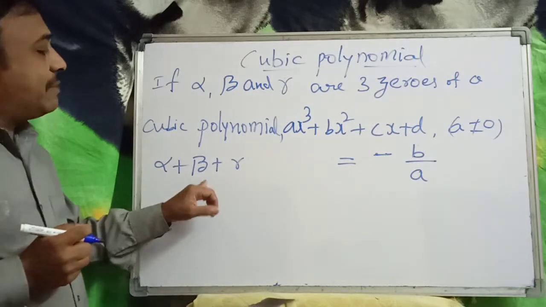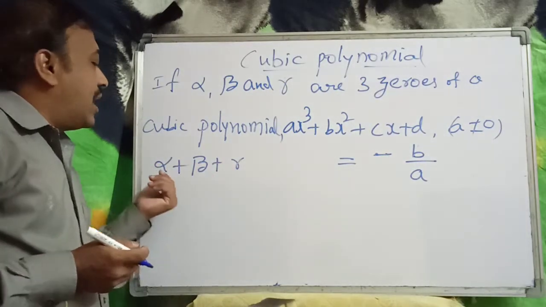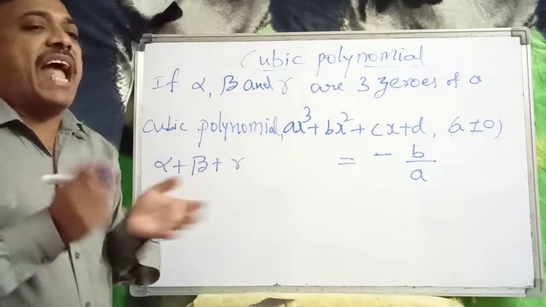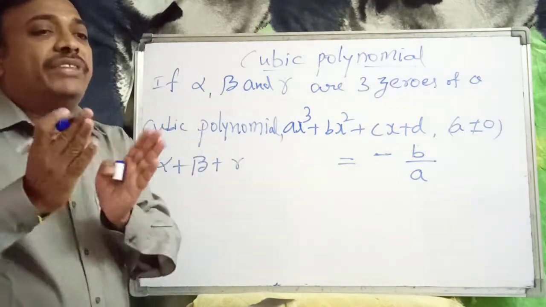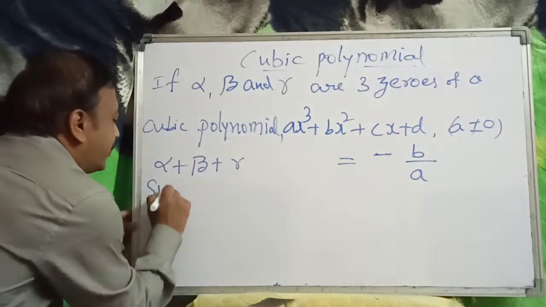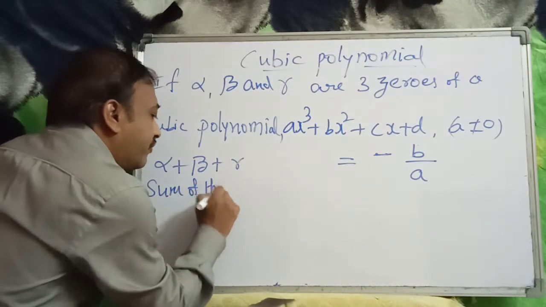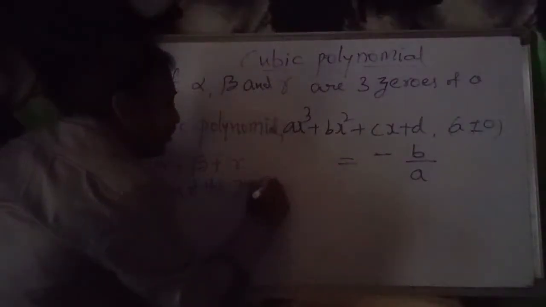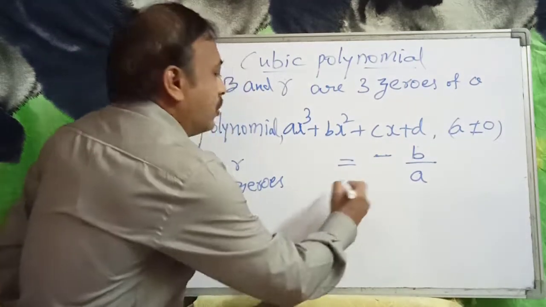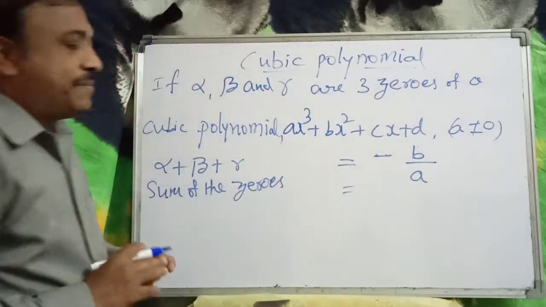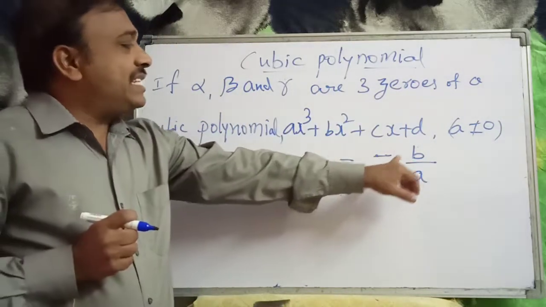Alpha, beta, gamma are the zeros and we are adding them, that's the reason it is the sum of the zeros, equal to minus b by a.